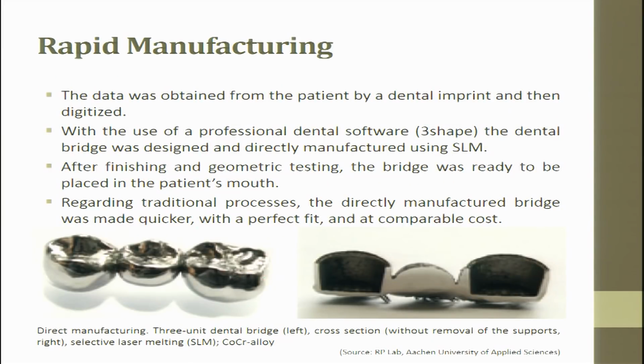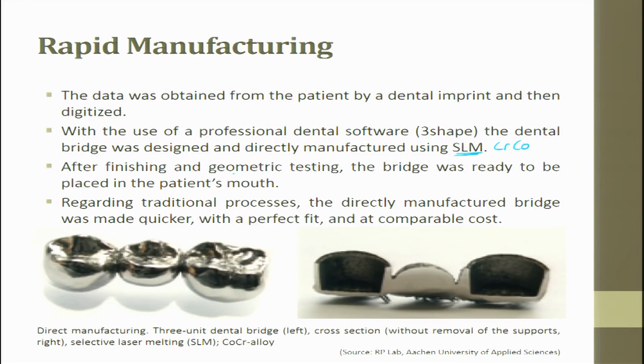So, in rapid manufacturing, the data was obtained from the patient by a dental imprint and then digitized. With the use of the professional dental software 3Shape, the dental bridge was designed and directly manufactured using the SLM process, selective laser melting process of chromium cobalt alloys.